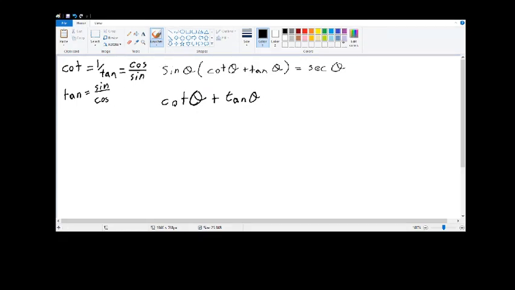So let's plug these in for these values and see if anything changes.